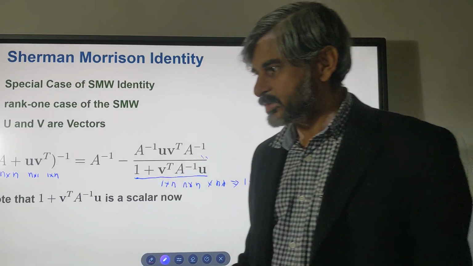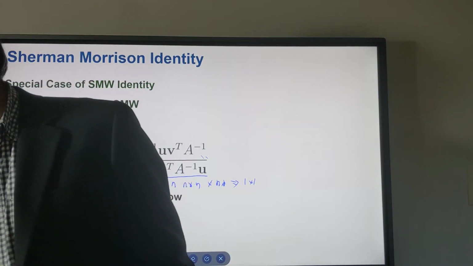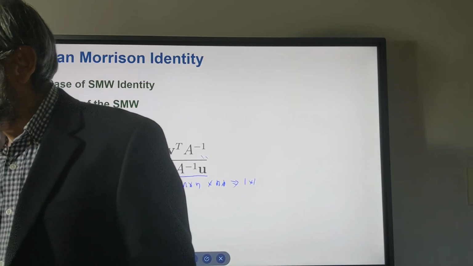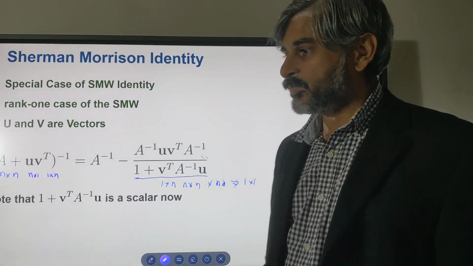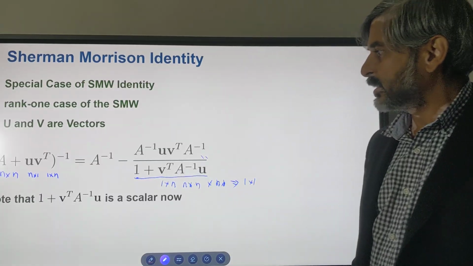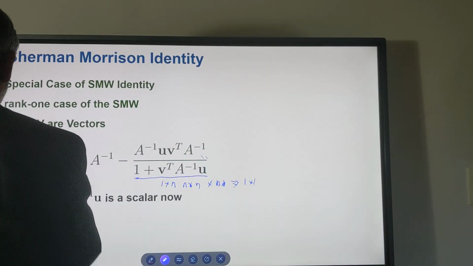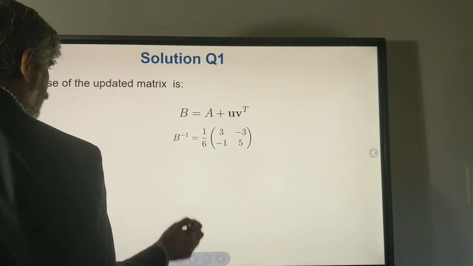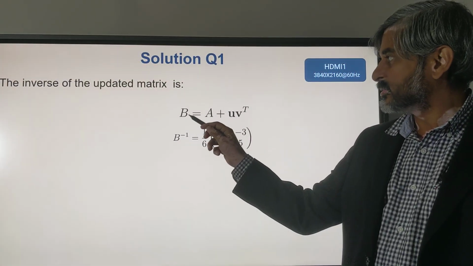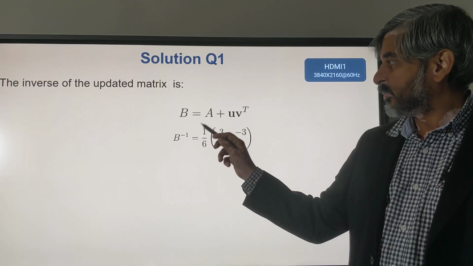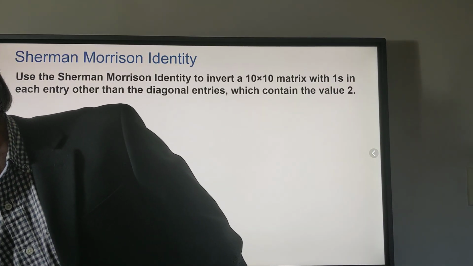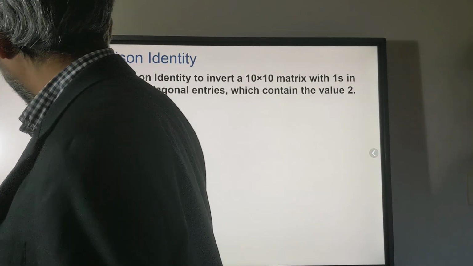Now let's look at an important, interesting example, and that comes from a book on linear algebra from Charu Aggarwal, a very important book. I will leave one example for you to do on your own: apply this formula to find the inverse of this matrix, where B is given by this, and you can take U as some other vector.